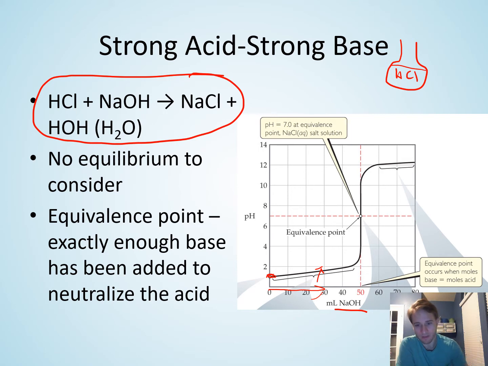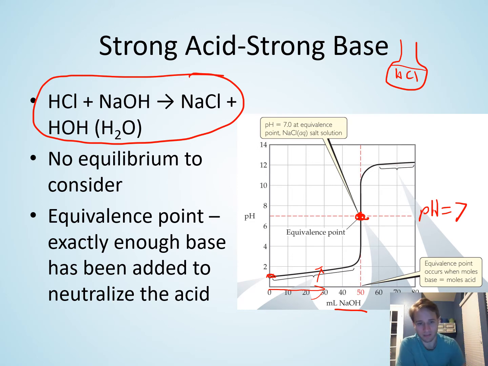Then the equivalence point is when I've added equal amounts of my base as I have acid. At the equivalence point, the pH is equal to 7. The pH at equivalence point is 7 because I have equal amounts of acid and base that have been added to the solution.